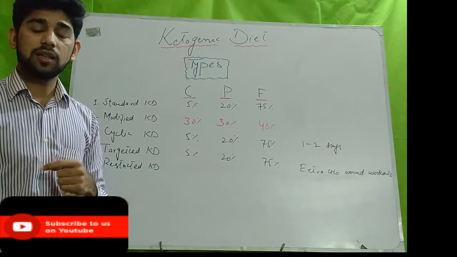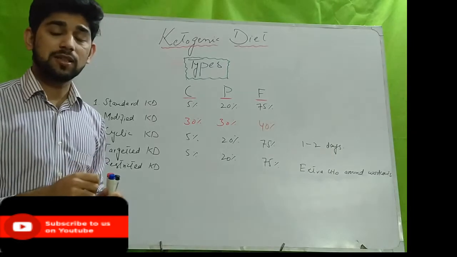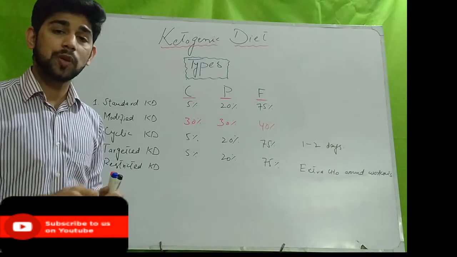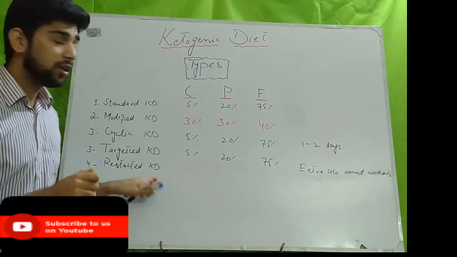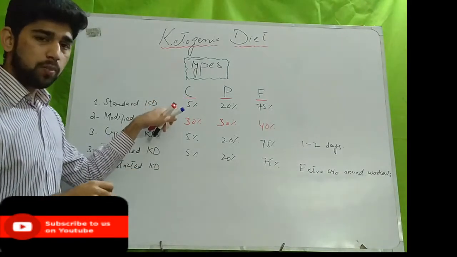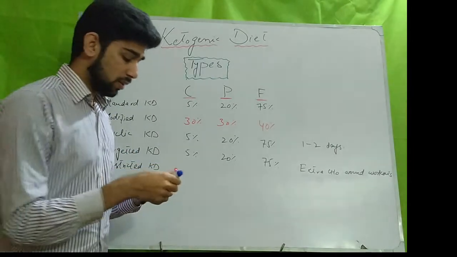Numerous studies have shown that the ketogenic diet fights against cancer, reduces the risk of cancer, and helps treat cancer. In this diet, along with the restriction of carbohydrates, we also restrict overall calories.